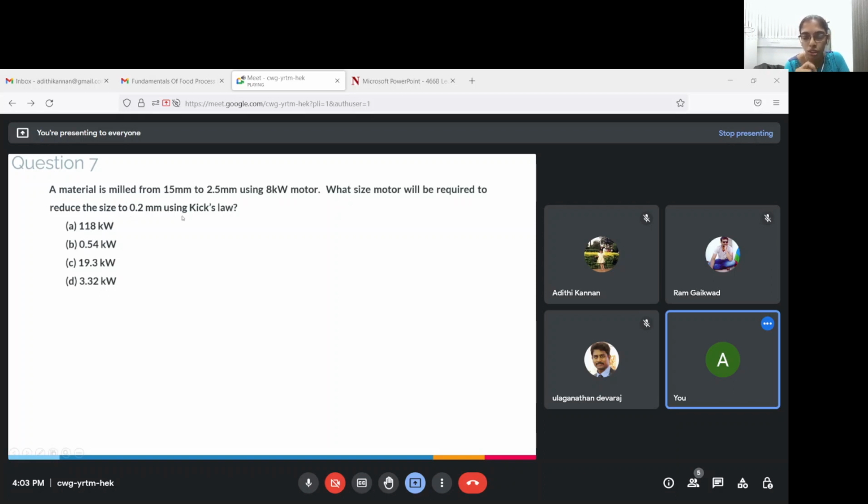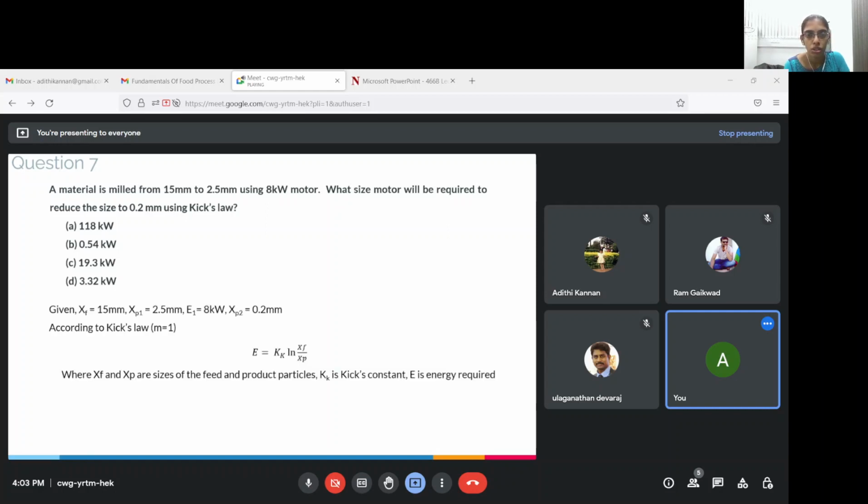So Kick's law, what is the assumption of Kick's law as we discussed in the second slide? In Kick's law, it assumes that your energy is directly proportional to the linear dimension, that is the diameter or the direct length of your product.